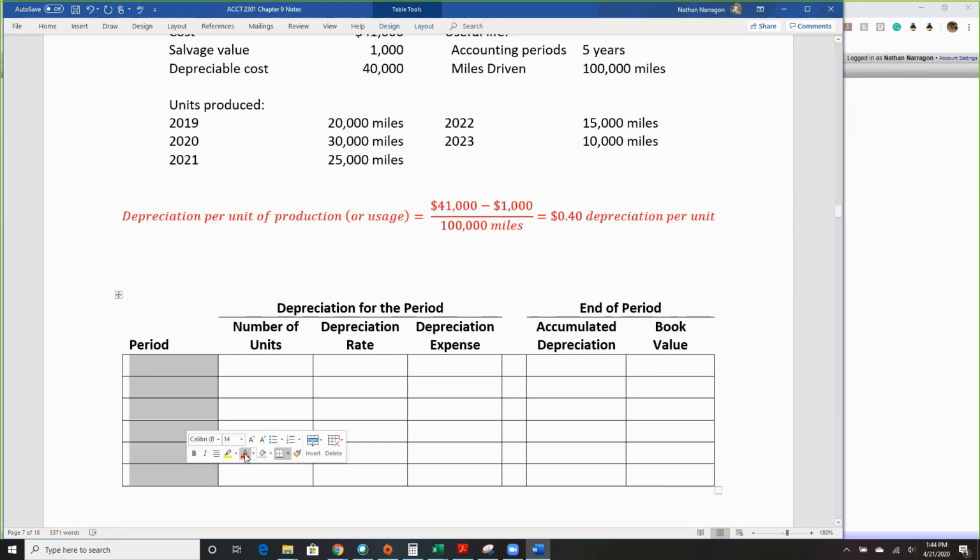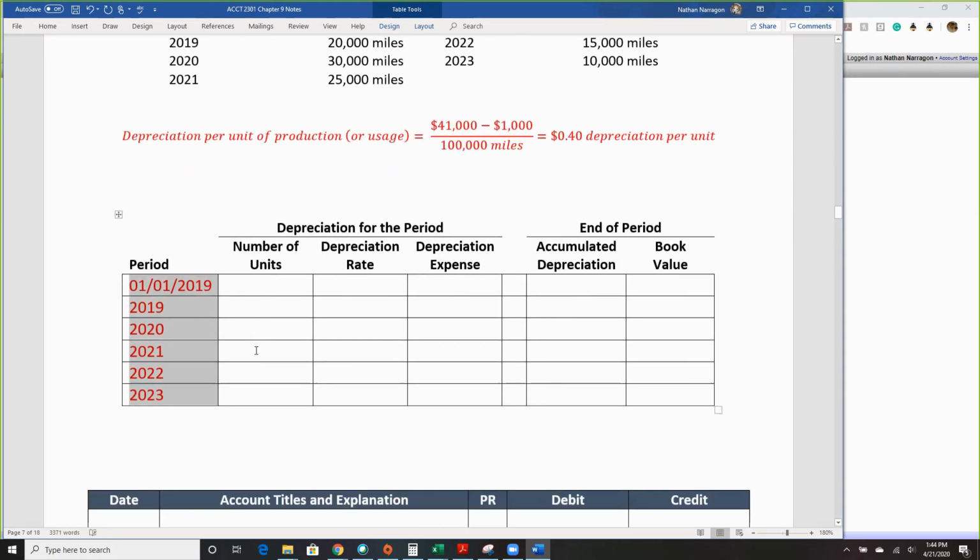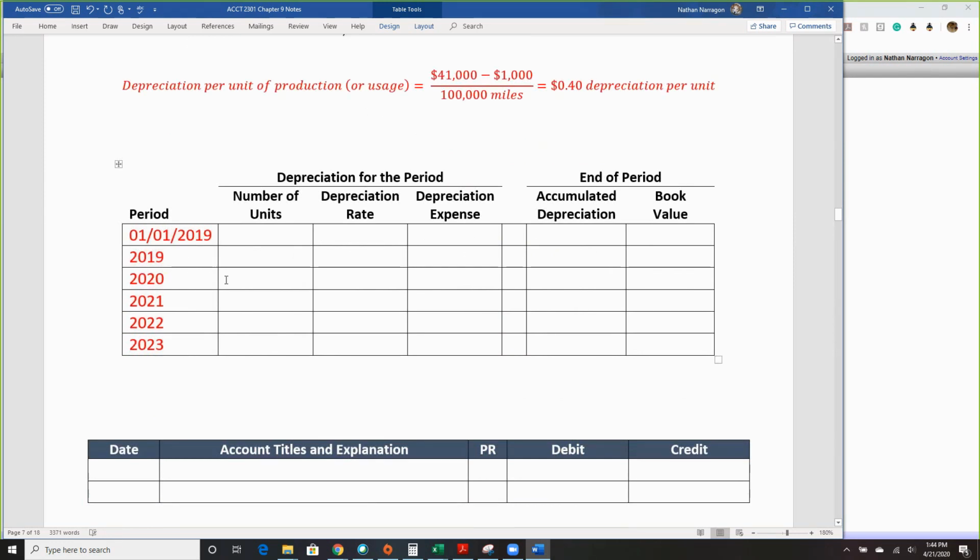Again, using our amortization chart, right here, start of the asset, cost is equal to book value right now since there was no accumulated depreciation. For the end of 2019, I already showed, here it is in the table form. There's the 20,000 miles times 40 cents.